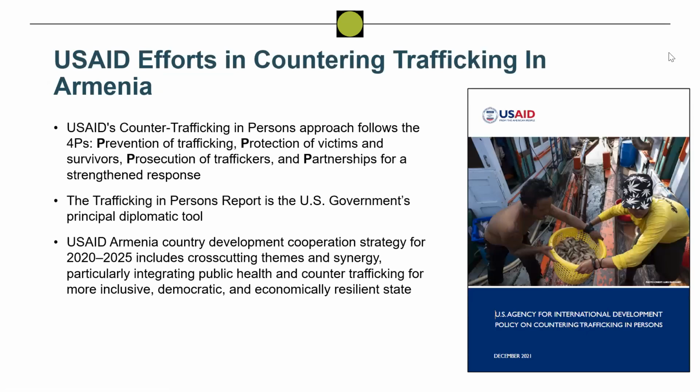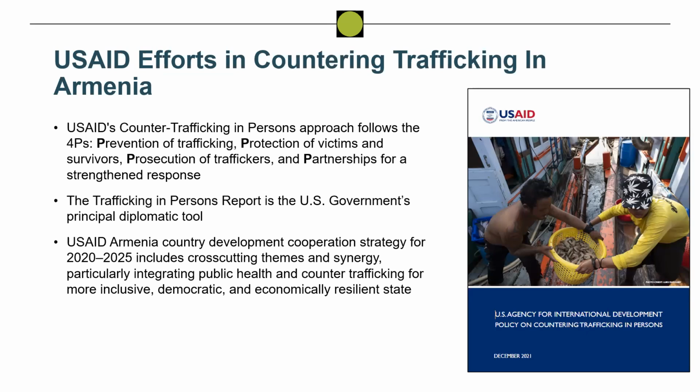Starting off, we would like to recognize the work done by USAID globally and in Armenia in the counter-trafficking space. USAID's counter-trafficking work uses the approach following the 4 Ps: prevention of trafficking, protection of victims and survivors, prosecution of traffickers, and partnerships for strengthened response.